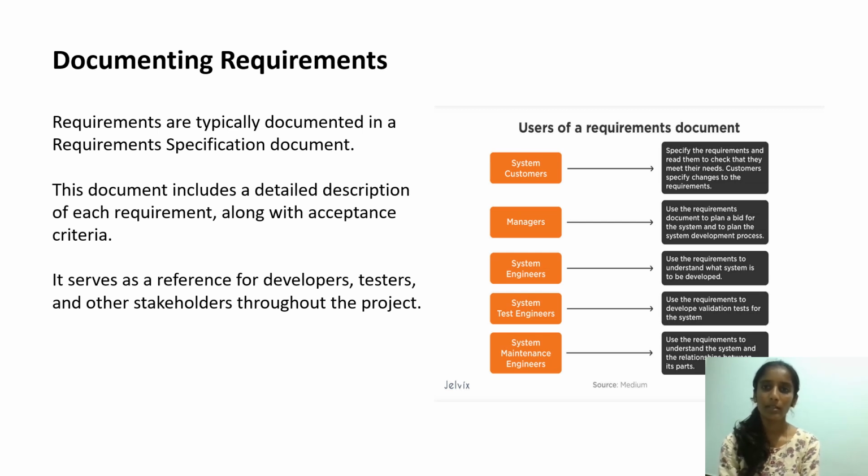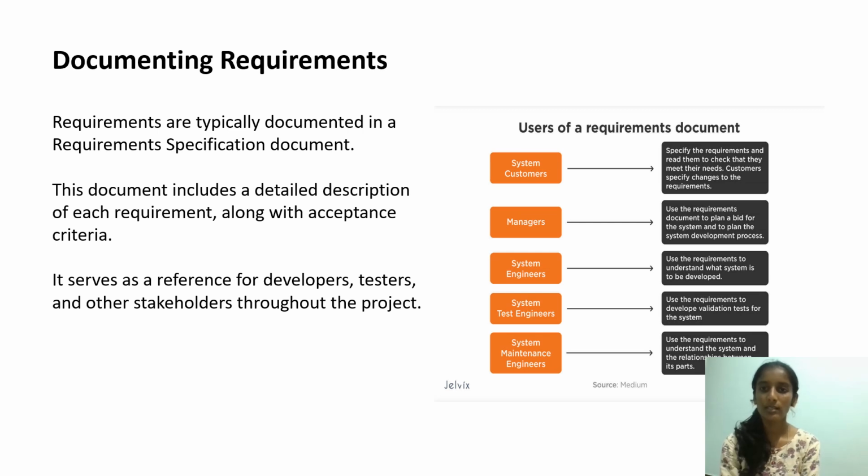Users of a requirements document: the system customers can specify the requirements and read them to check that they meet their needs. Customers specify the changes to the requirements. Managers use a requirement document to plan a bid for the system and to plan the system development process.